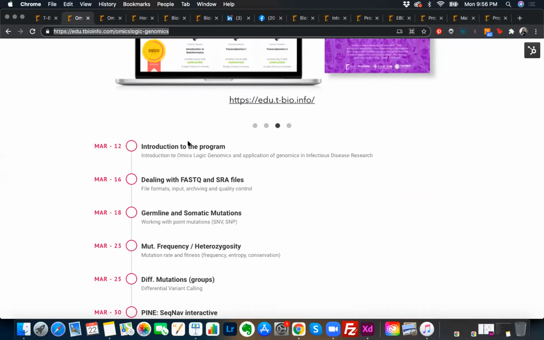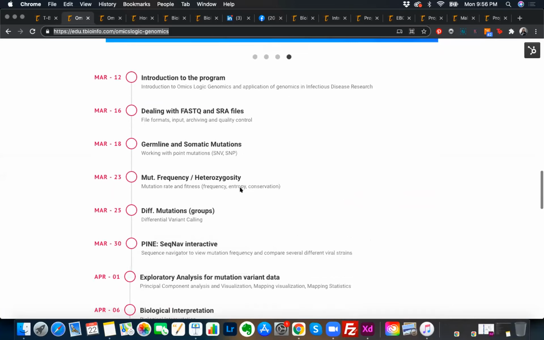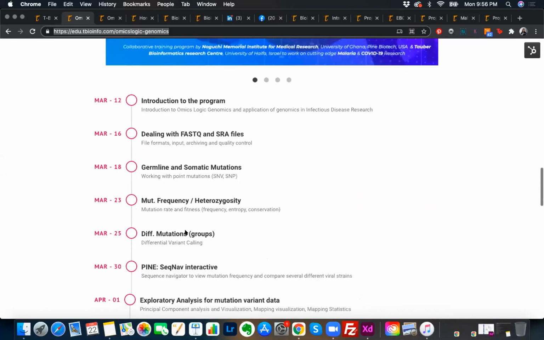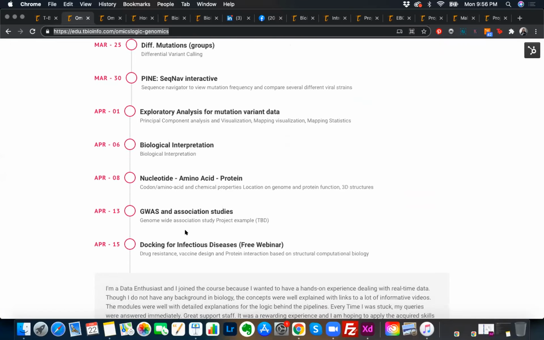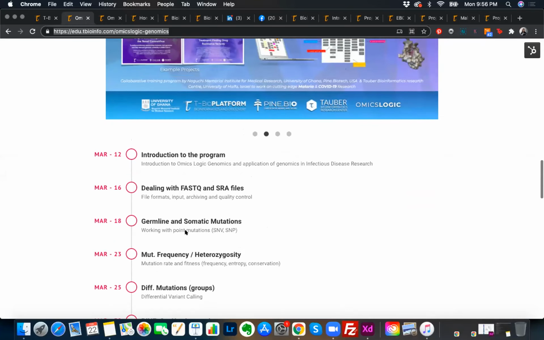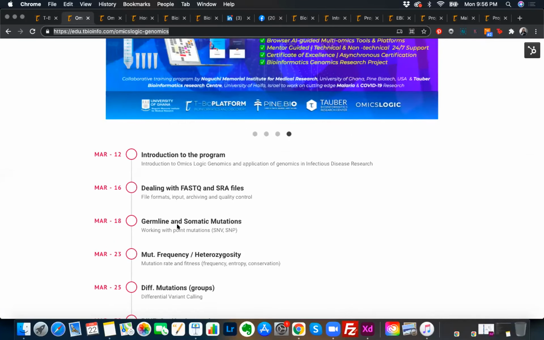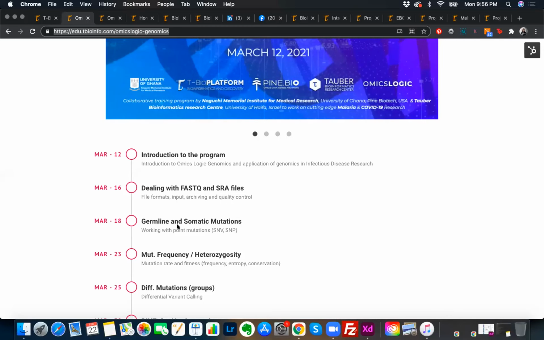We have broken down this entire 6-month program into different parts, and you can still take part, as we are going to be starting right from stage 1 and building up your understanding of genomic data and how to work with that kind of data. Here you can find the syllabus for the program. You can see the different dates and the different topics that will be covered on each of these dates. So you can definitely join this program.